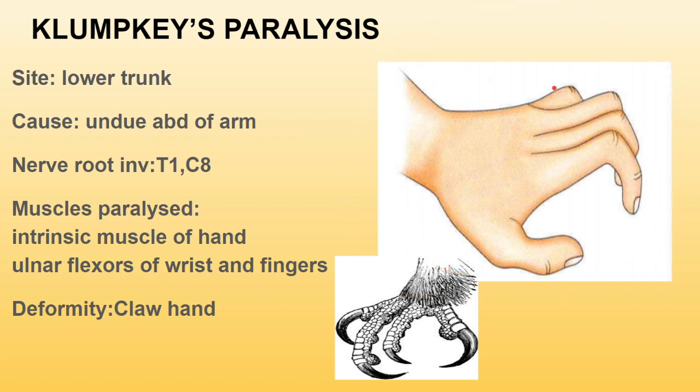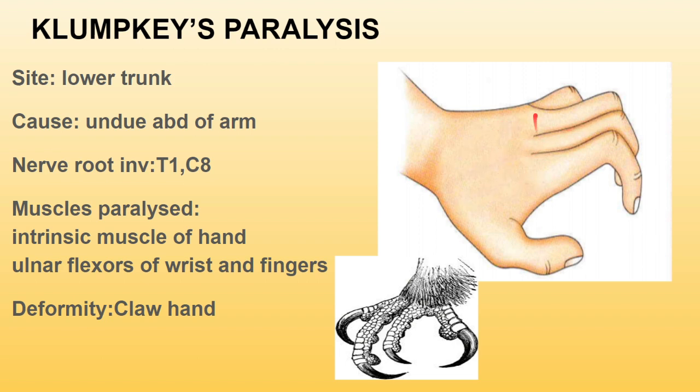Okay, and here the claw hand mainly occurs because of the unopposed action of the long flexors and extensors of the hand. In the claw hand there is hyperextension of the metacarpophalangeal joint. That means this joint, the metacarpophalangeal joint; these are the phalanges and these are the metacarpals.